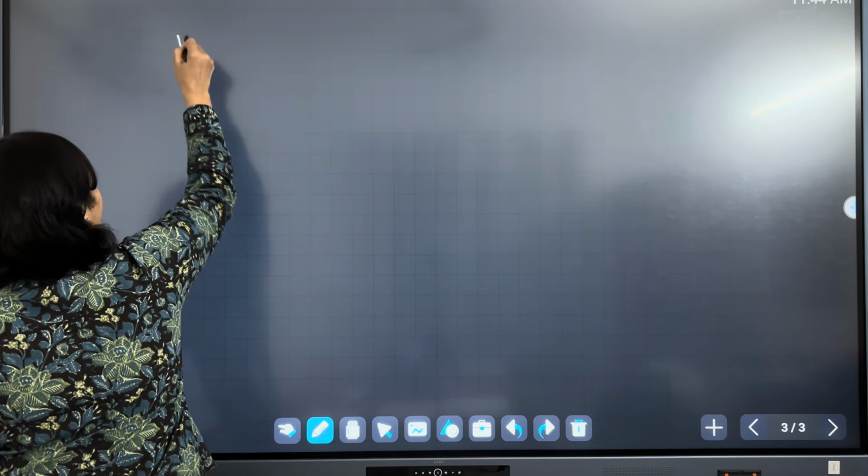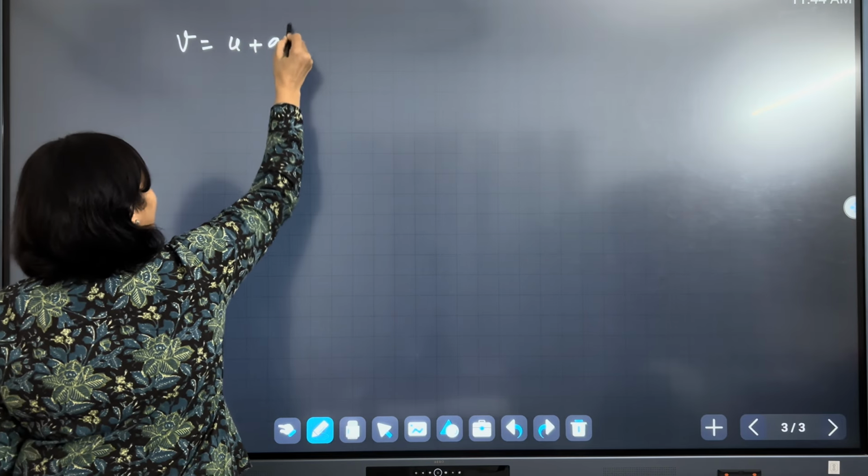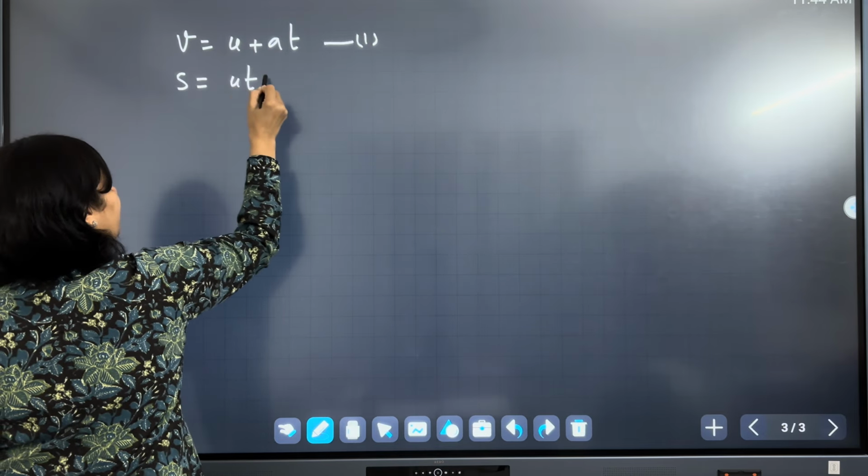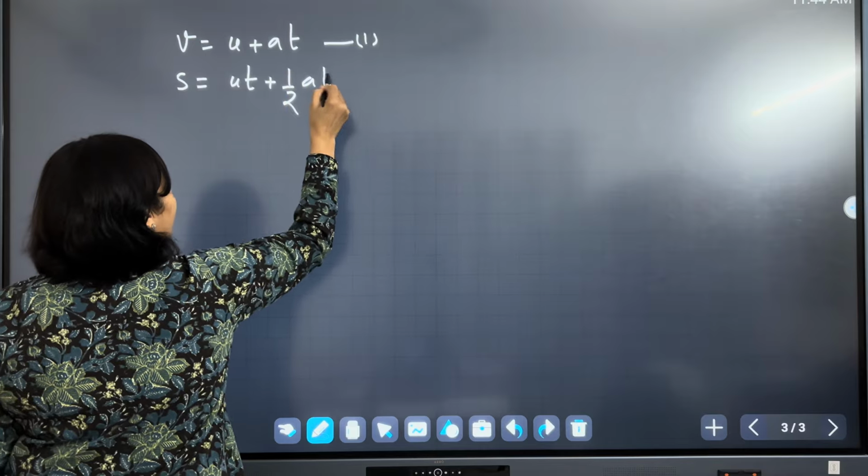So we have already derived v is equal to u plus at, the first equation, and s is equal to ut plus half at square.